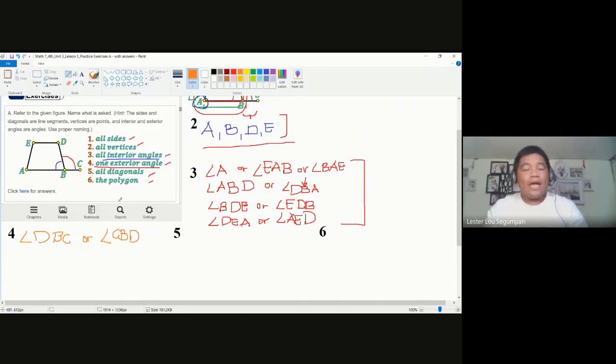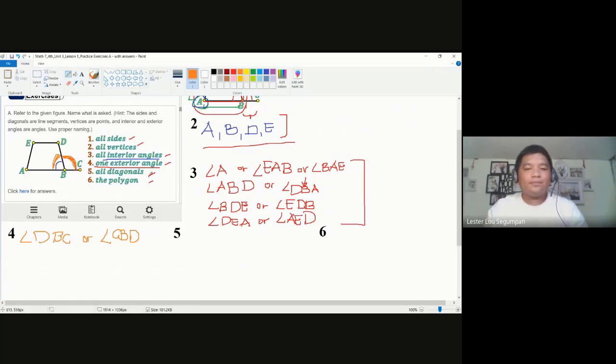Another thing to consider when we talk about exterior angles is this. Make sure that the exterior angle is forming a linear pair with one of the interior angles. So this is really an exterior angle, as this angle and this interior angle are forming a linear pair.